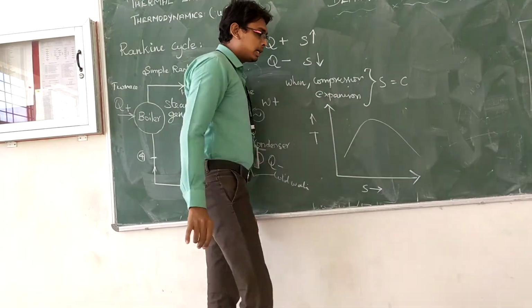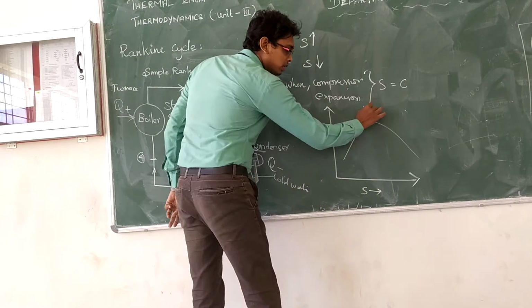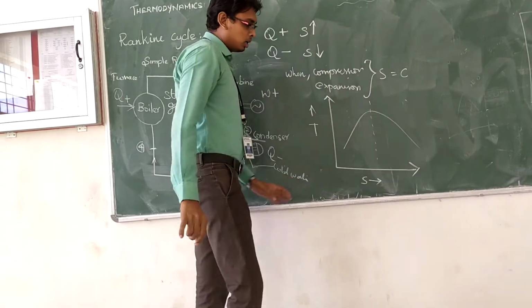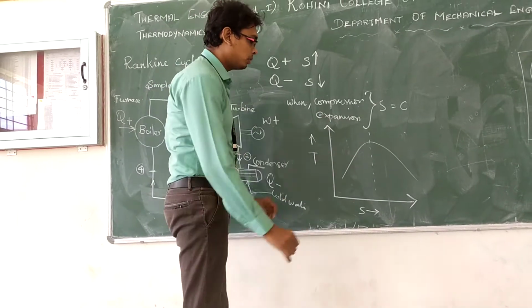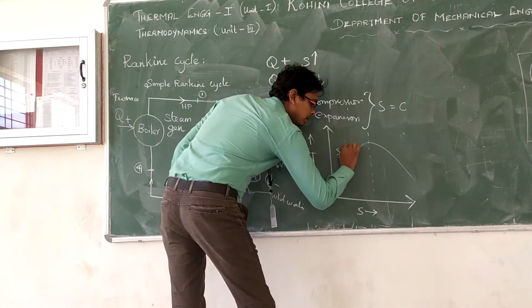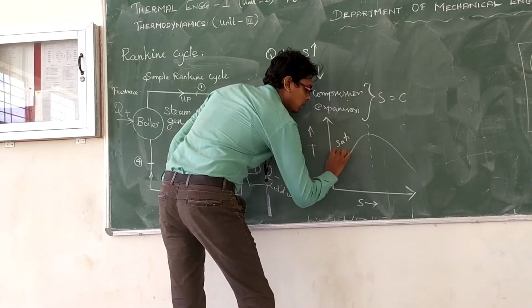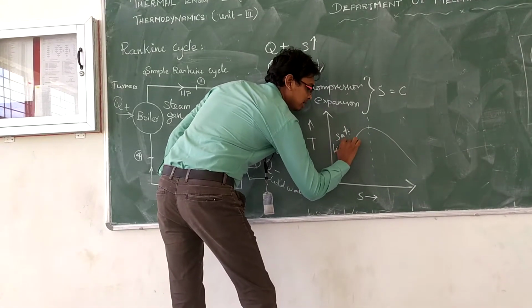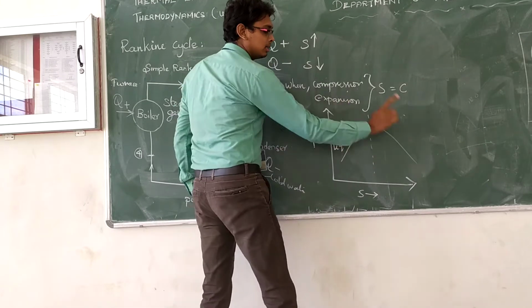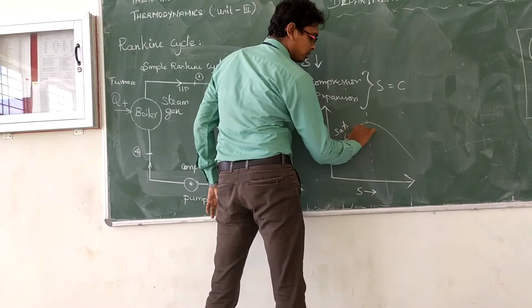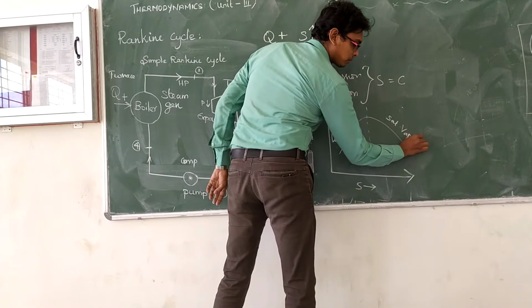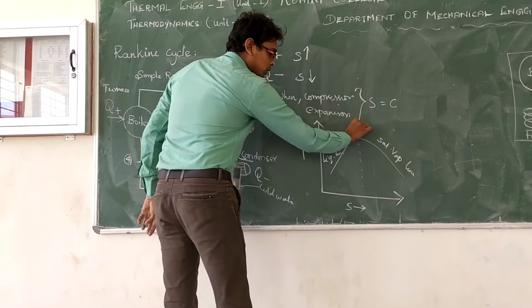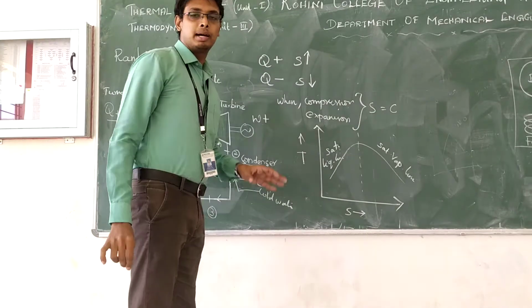So let's start with the diagram. When we split the saturation line, the left hand side near the T axis is the saturated liquid line, and the side afterwards is the saturated vapor line. So listen, this is actually a reference line, an imaginary line.